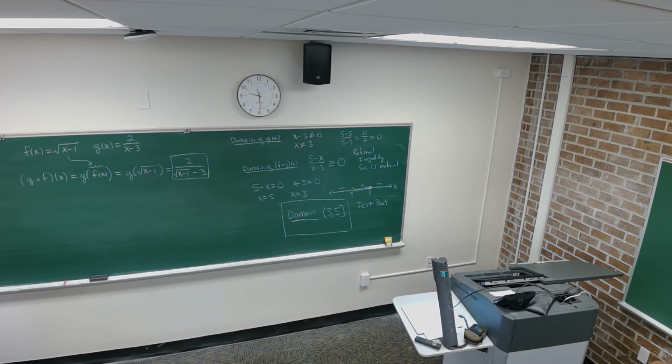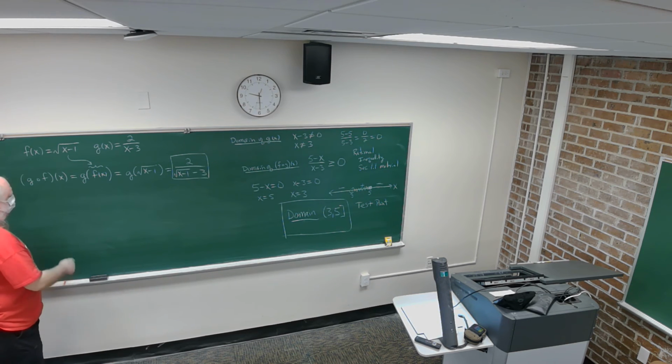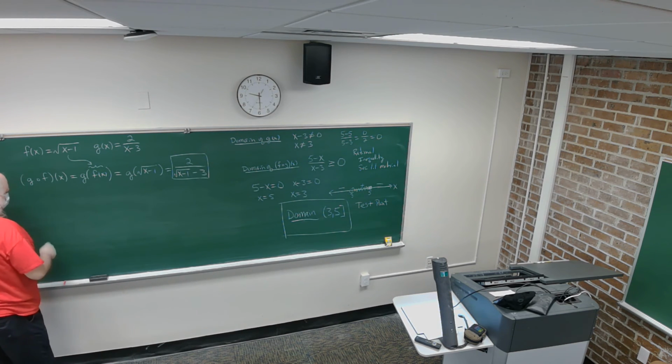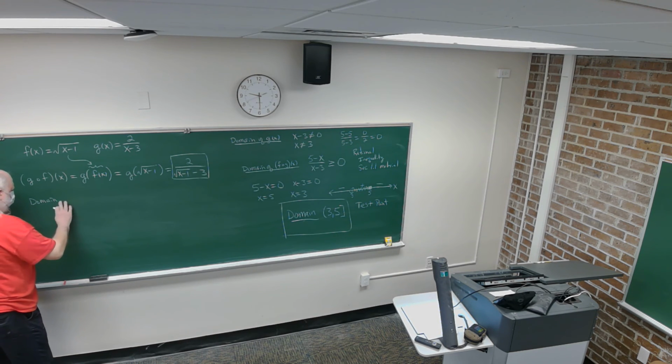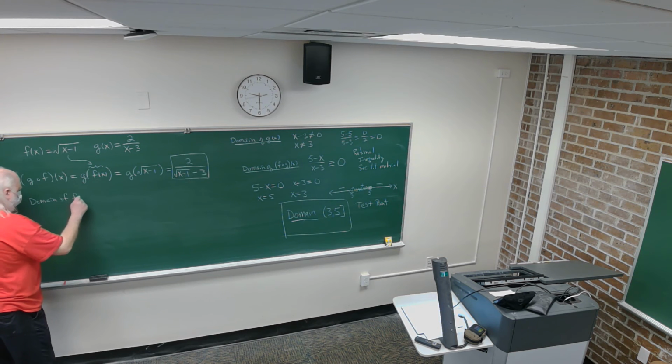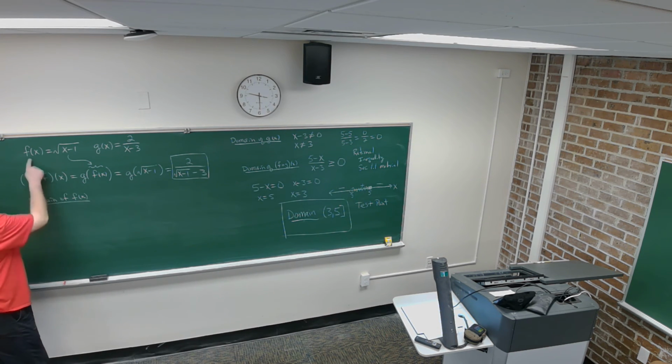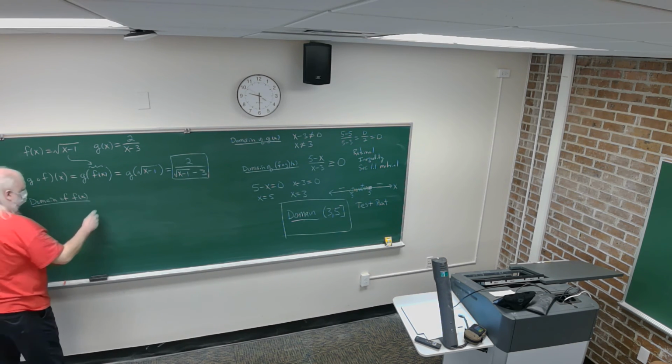And for D, you have to find the domain of this function right here. Okay. Well, f of x is the inner function. So we have to look at the restrictions on f of x. And so here's f of x, which is equal to the square root of x minus 1.